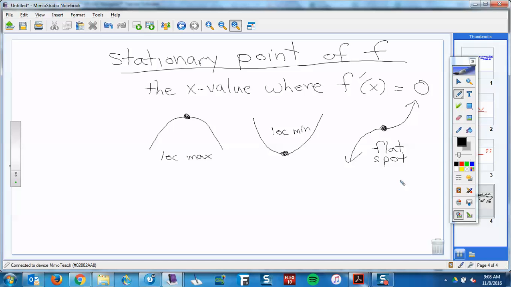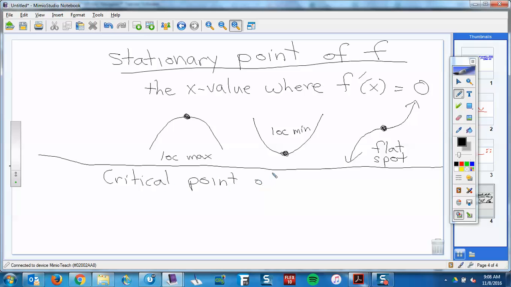The second thing I want you to write down is critical point of f. And that is the x value where f prime of x equals 0 or f prime of x is undefined.